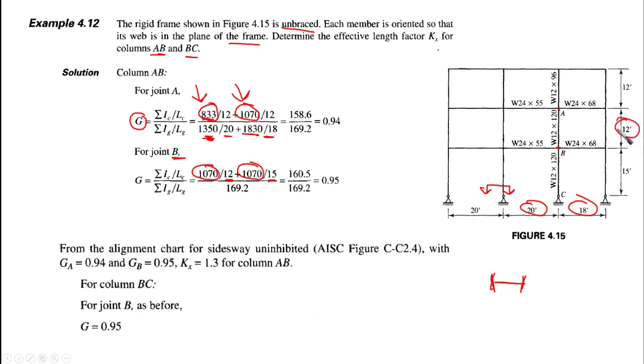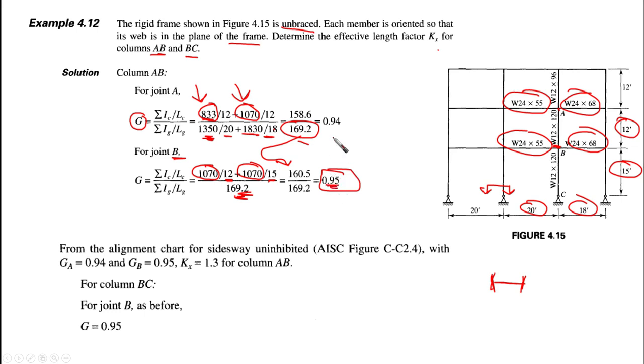We have 12 and 15 here because we're talking about point B. And I_G over L_G was already calculated before for point A. It is going to be the same, because we're talking about the girders, and the girder here and here are the same, and to the left they are the same as well. So we have the same number, and it is repeated here. With the ratio, we can find that G_B is 0.95 and G_A is 0.94.